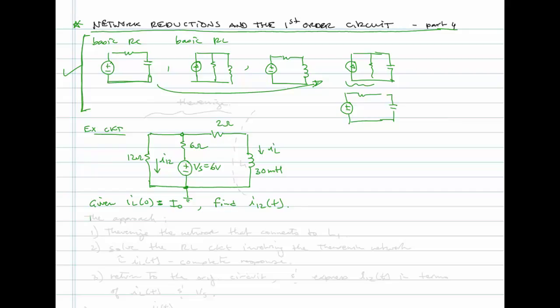So the approach will be as follows. We are going to Thevenize the network that connects to L, say to L1, to solve the RL circuit involving the Thevenin network.